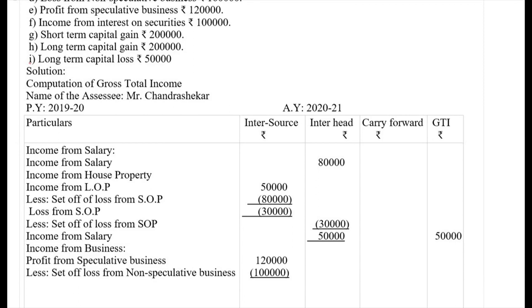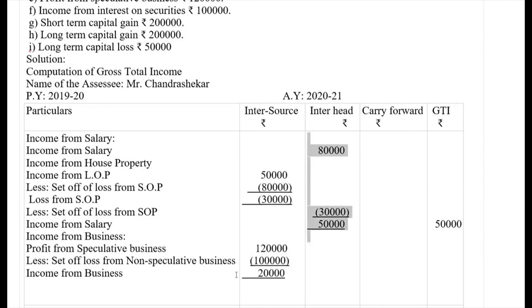So the difference, that is 20,000, is income from business, which shall be taken to the GTI column.